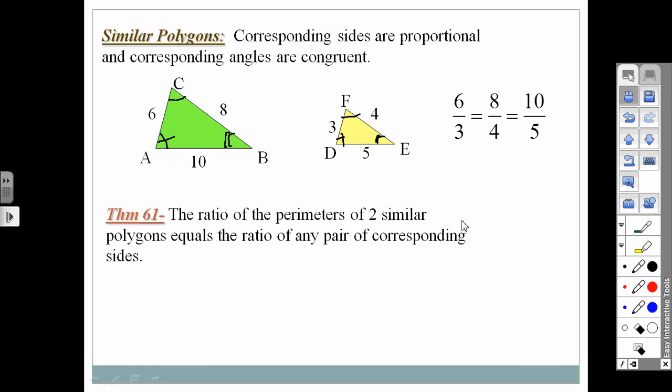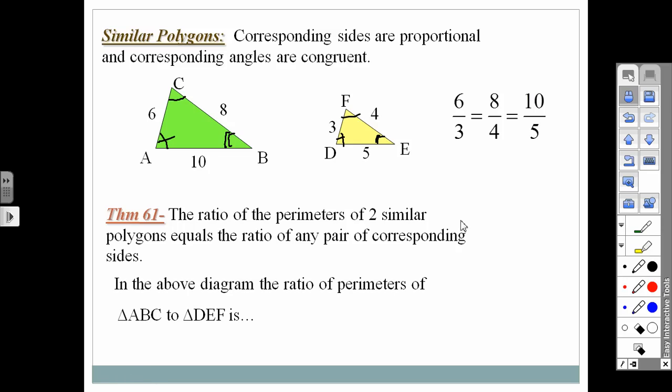So if we were to go through and figure out the perimeter for each of these triangles, triangle ABC, you can add up all three of those sides, and triangle DEF, you can add up all of those sides, and we can see that we get 24 to 12, which reduces to 2 to 1.